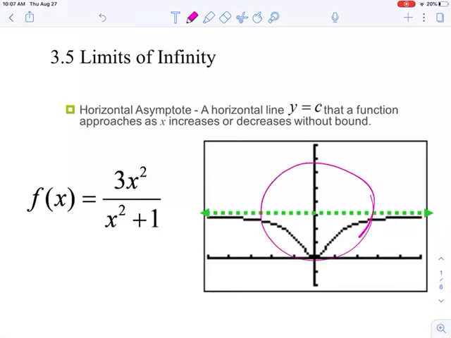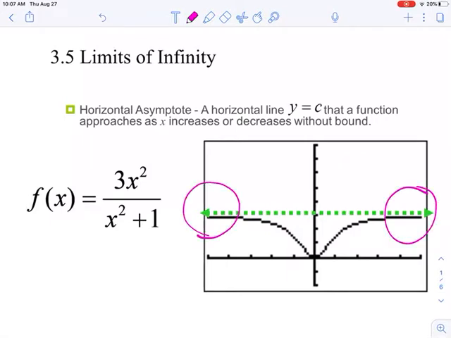You did it about 11 months ago, in pre-calculus. But remember, it's okay to cross the horizontal asymptote somewhere in the middle. But what's always going to happen is that towards infinity and negative infinity, our graph is going to approach them.